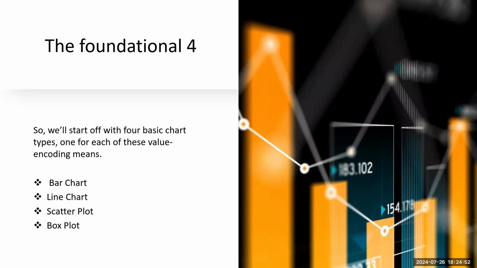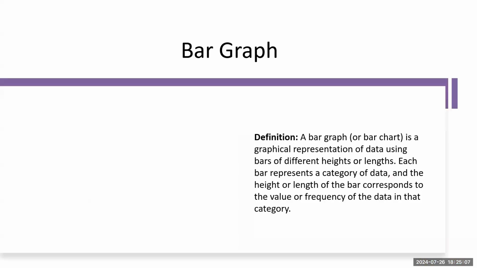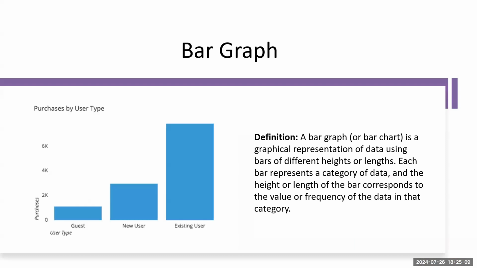So I intentionally put this as the foundational four, which is the bar chart, the line chart, the scatter plot, and the box plot. The first one that we looked at was the bar graph. I think it's very, very common.